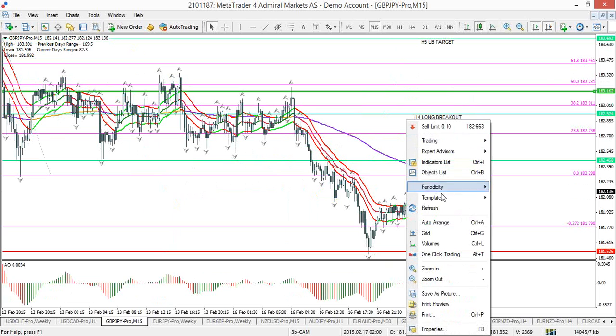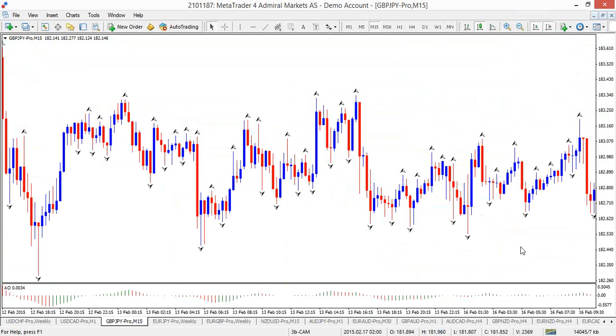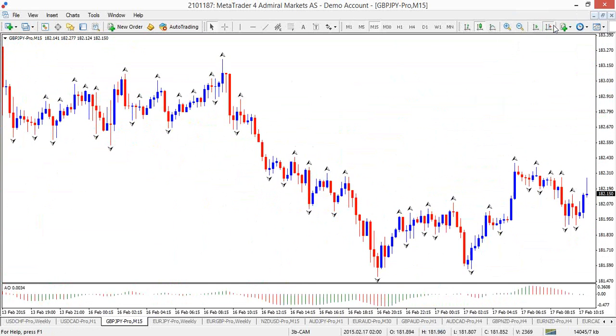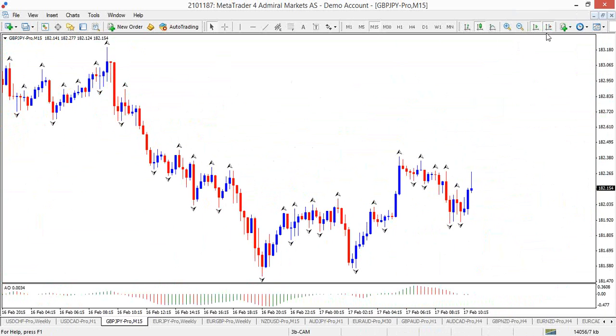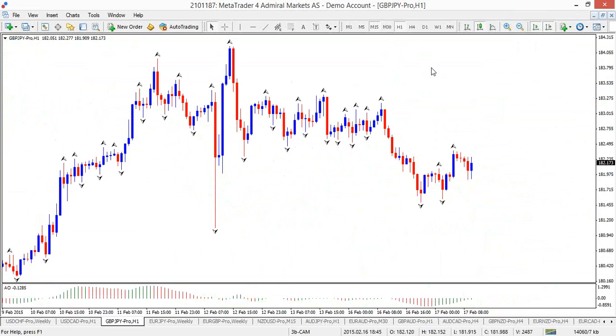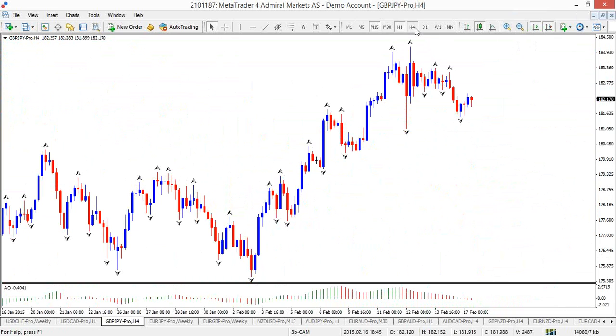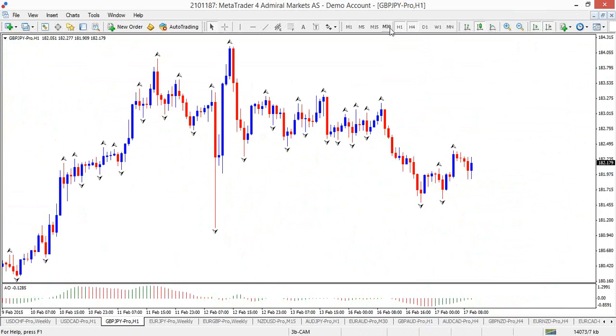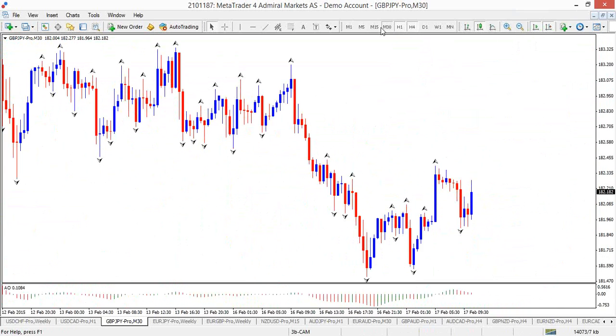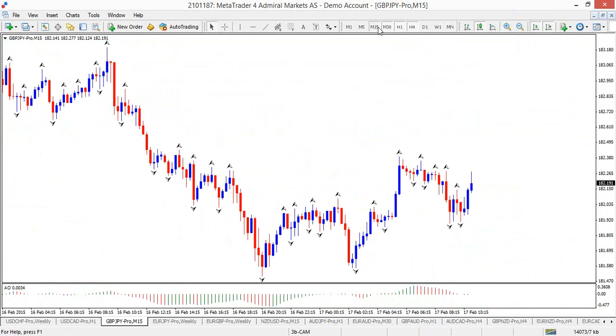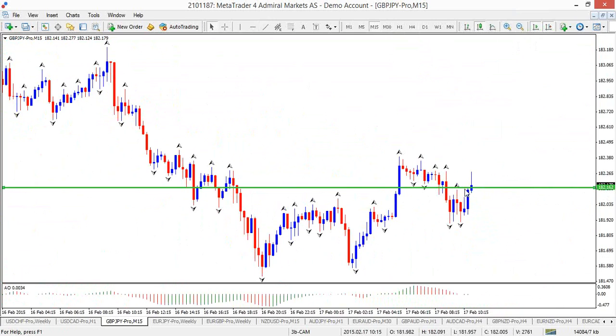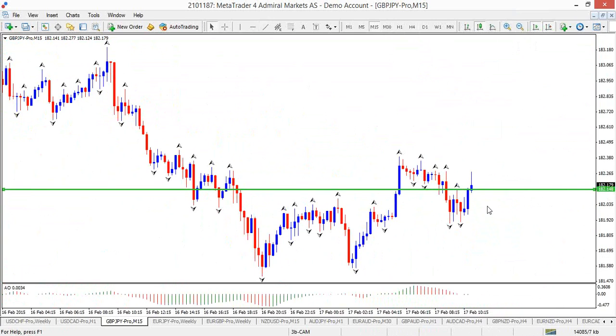Let me just use a blank chart for the moment. Well, we do see a break of the resistance here at the moment, this particular resistance.